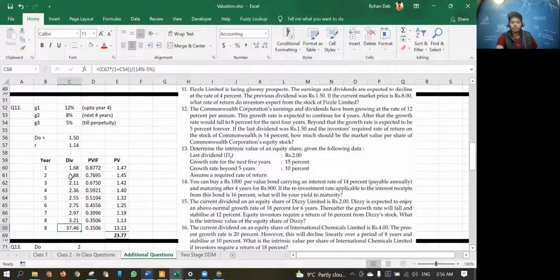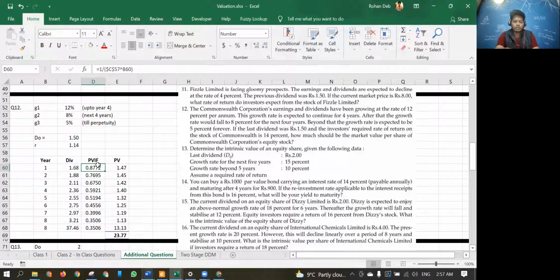Now for the next one, you have to calculate it on the basis of the 5% perpetuity growth, so you use the formula D1 by R minus G. In that case, you calculate D9, because you're calculating the value of that share at the end of year 8. So P8 equals D9 by R minus G.